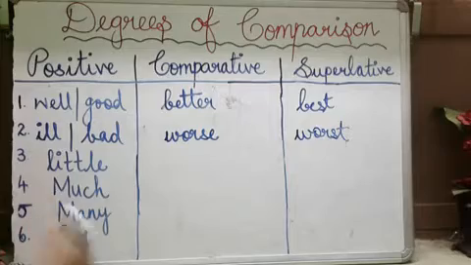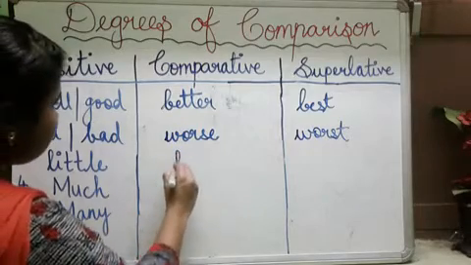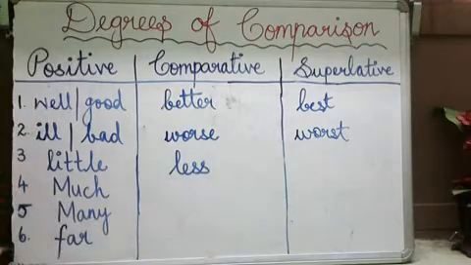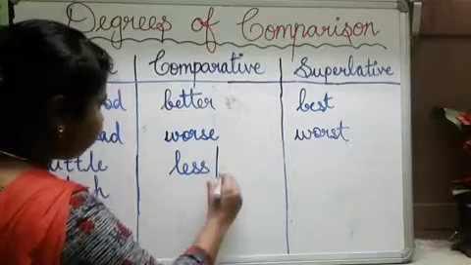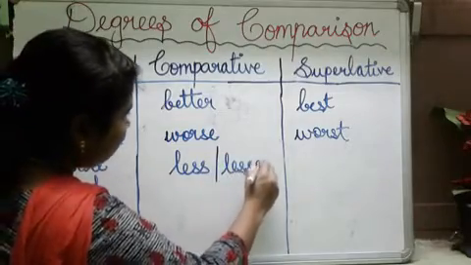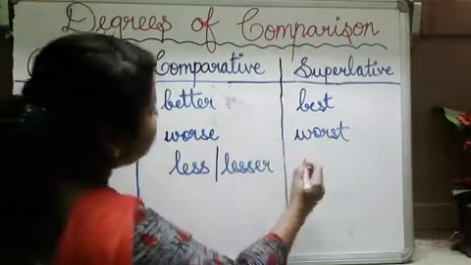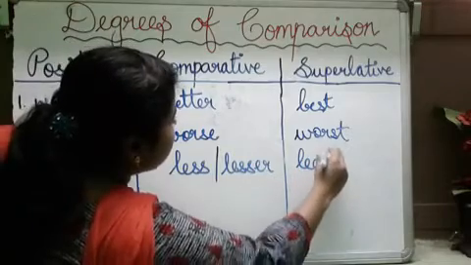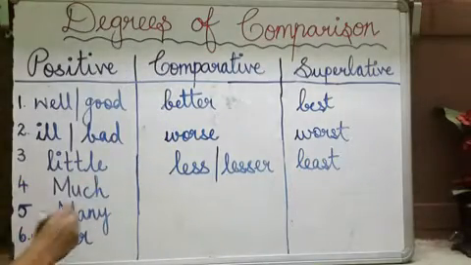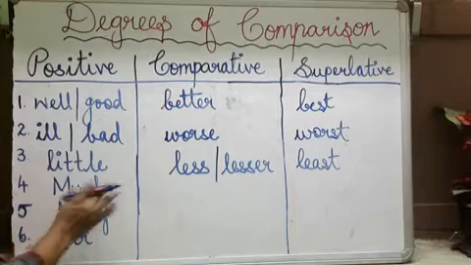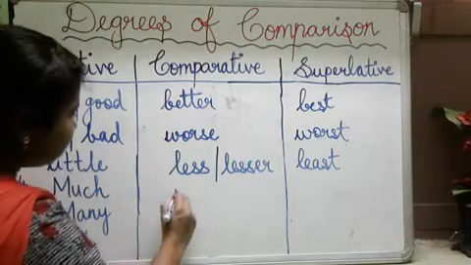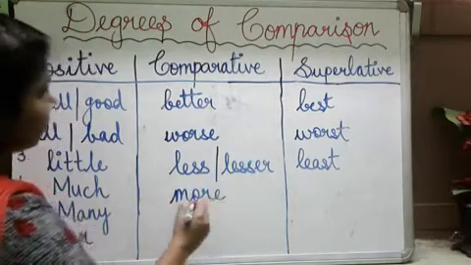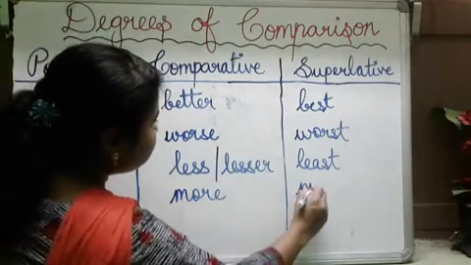Then little. For little we will use less. Less or lesser, you can use either. And in superlative it will change into least. Similarly, much. In comparative degree it will change into more, and in superlative into most.